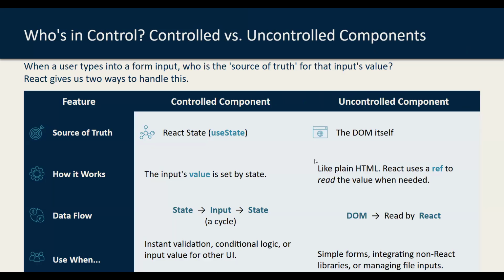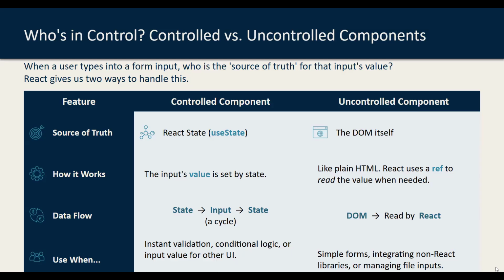So in a controlled component, the React state is the source of truth. That means that the input's value is directly tied to the state, often using the useState hook, and React updates that value as the user types.